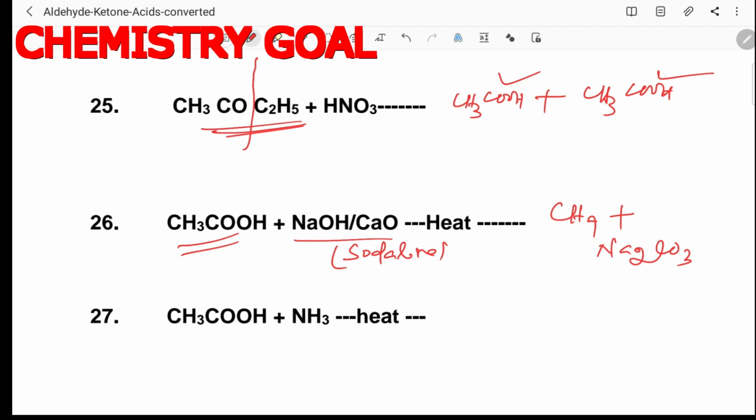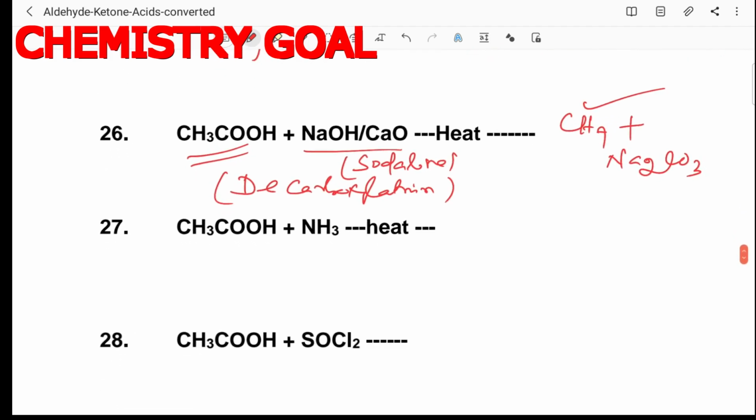This reaction is called decarboxylation. Decarboxylation is a loss of carbon atoms. Here the CO is lost, so methane is formed. Always one carbon will be decreased from the parent acid. As it is acetic acid, the result is methane. If you take propionic acid, you will get ethane. Like this, one carbon will be decreased.